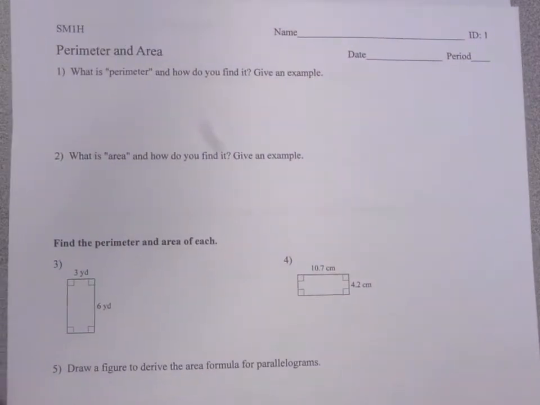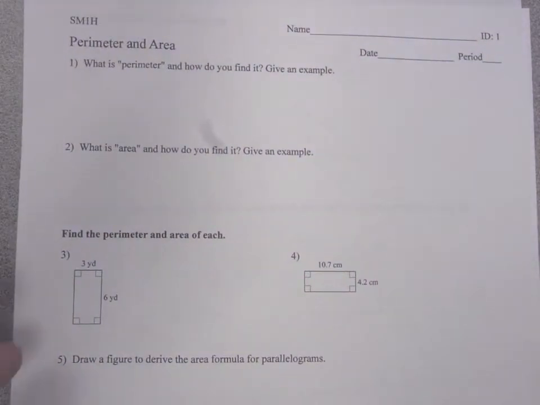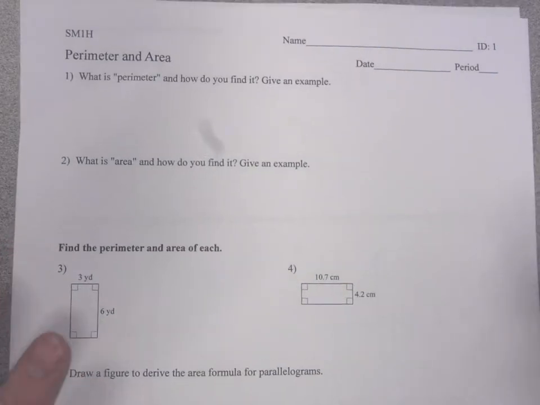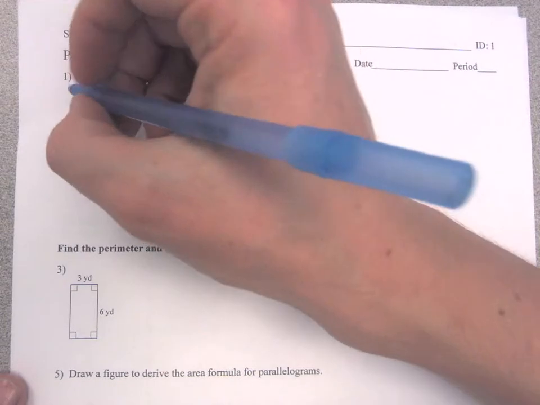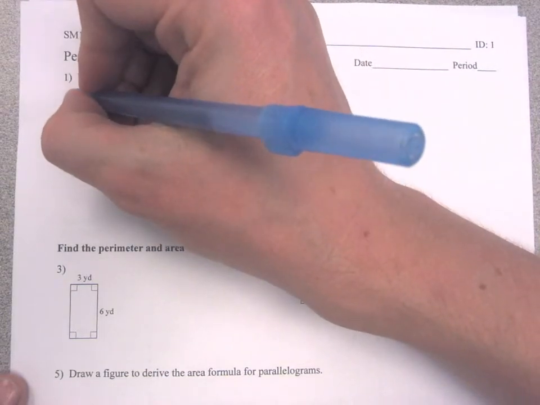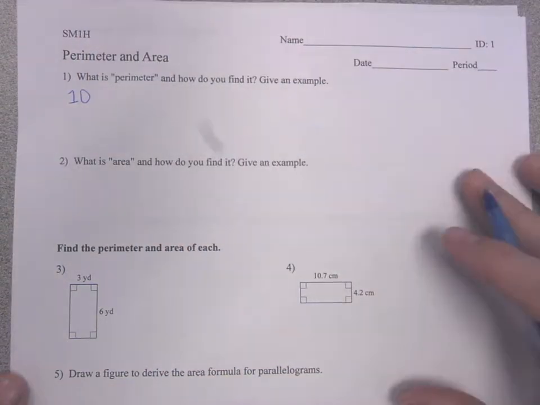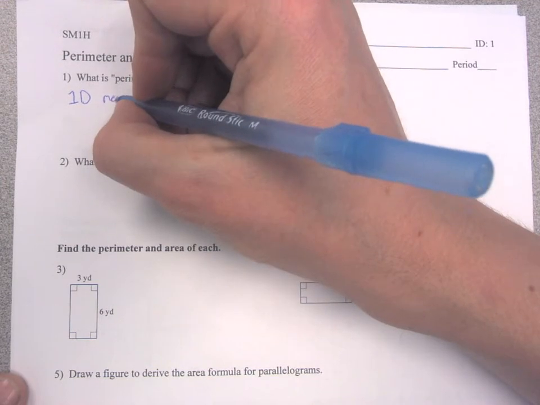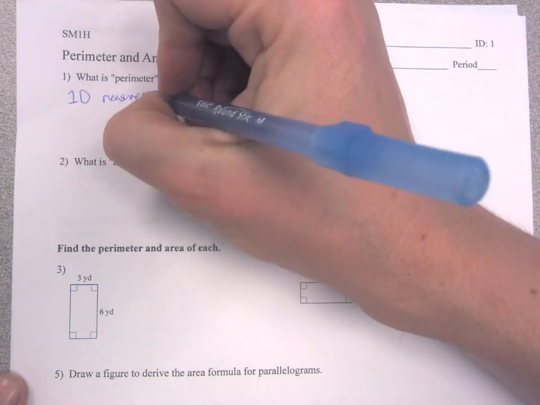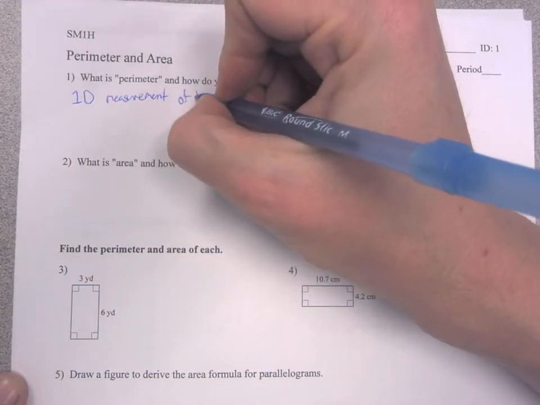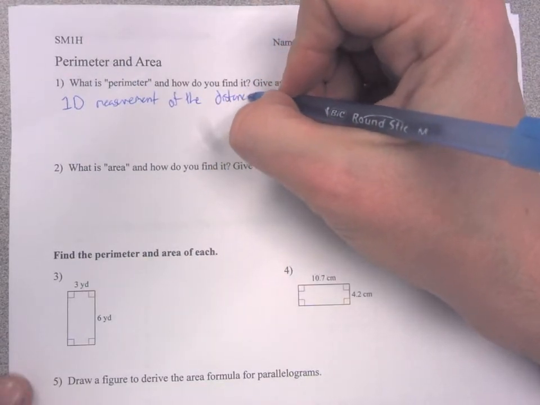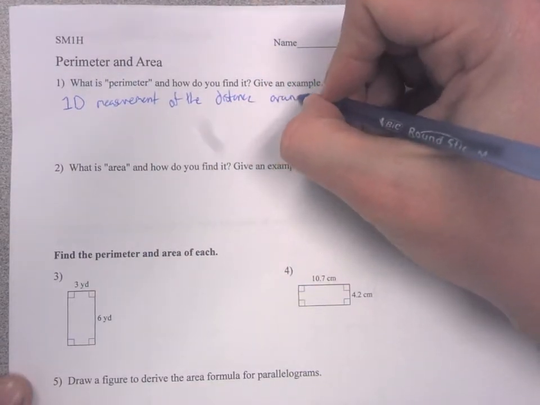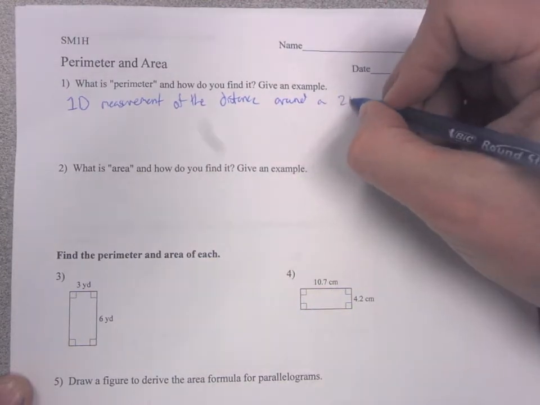Okay, so going back to this guy, now that we kind of understand that, let's talk about perimeter, okay? So perimeter is a 1-dimensional measurement. Perimeter is like a length, okay? So it is a 1D, I'm going to use 1D for 1-dimensional measurement of the distance around a 2-dimensional shape.